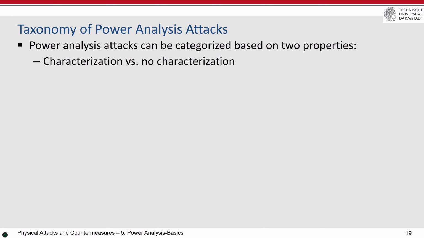What is characterization? When I want to perform an attack on a device, if I have a chance to look at another device which is similar to the target device, and then learn something from that device by setting the key myself, by knowing all the intermediate values, this is called an attack with characterization.